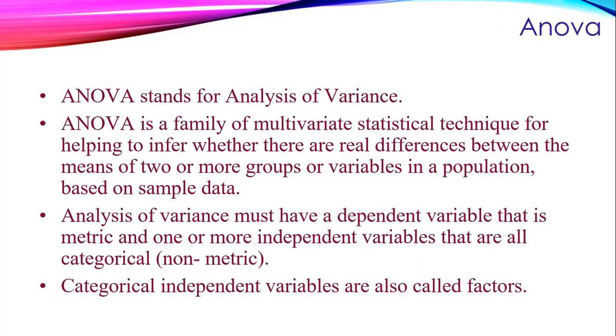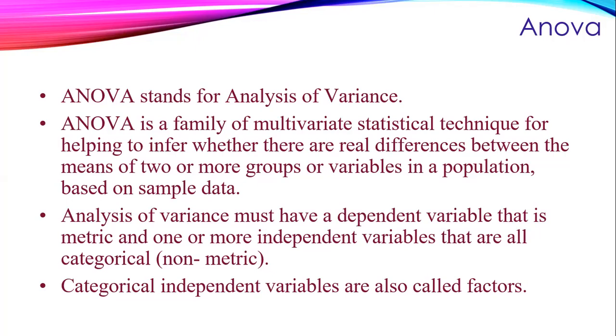Coming now to our topic, Anova. ANOVA stands for Analysis of Variance. Multivariate data means the data has more than two variables. When you are trying to find out if there is a difference in the means of a particular variable among more than two groups, then it is called Anova.